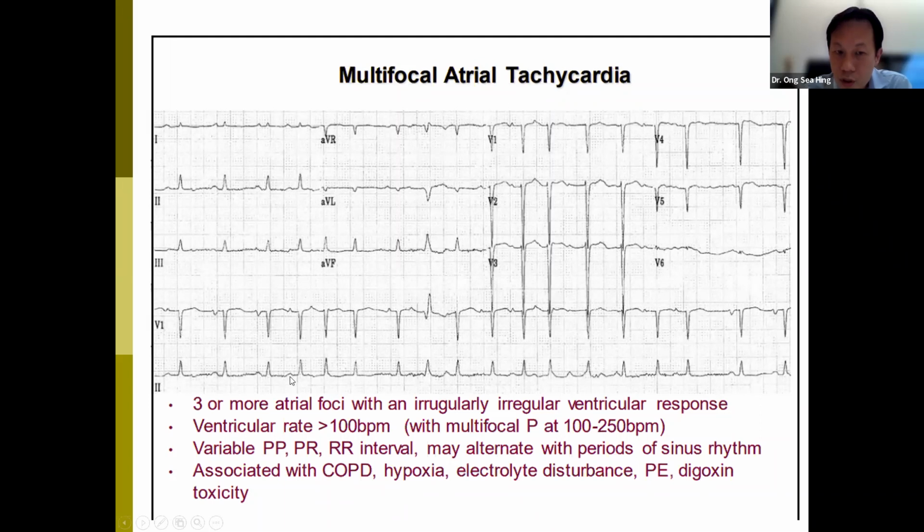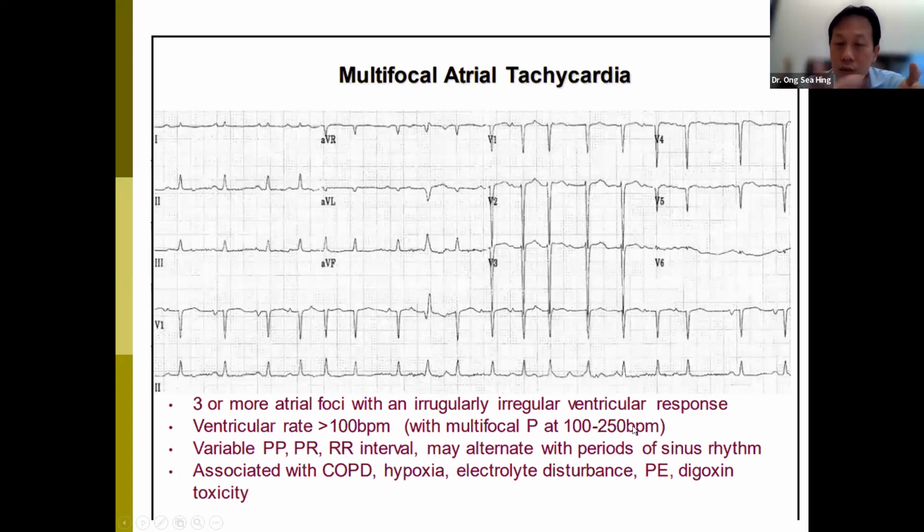Why is it different? Because the PR interval is different from this PR interval. So you already have 1, 2, and 3 different P waves. Maybe there's no P wave here, it's a junctional rhythm here. So if you have 3 or more different types of P waves, you call that multifocal atrial tachycardia.